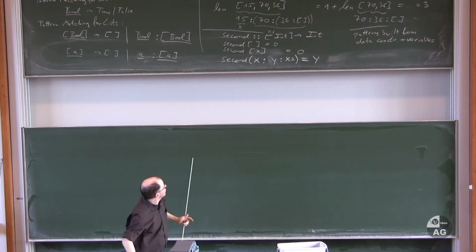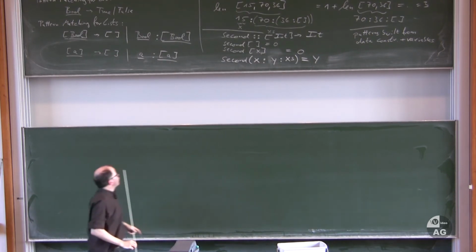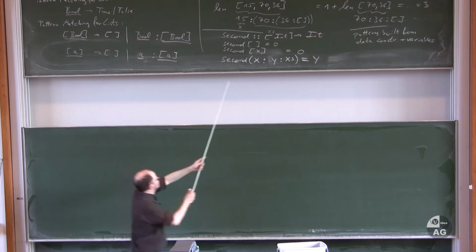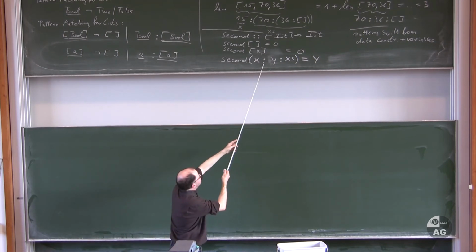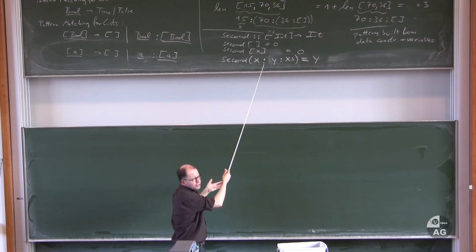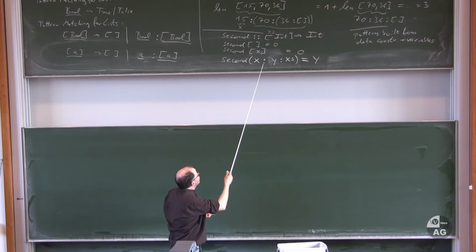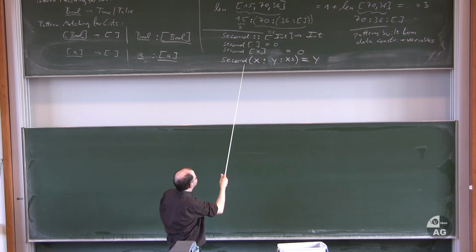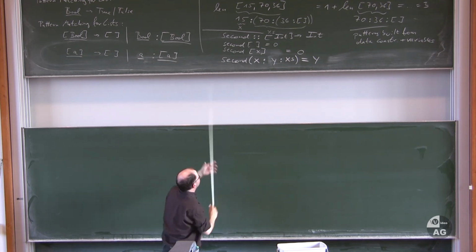Yeah, OK. So the problem is that this colon is an infix operator, because you write this colon between the two arguments of the function, whereas second is a prefix operator, so you write this before the argument.